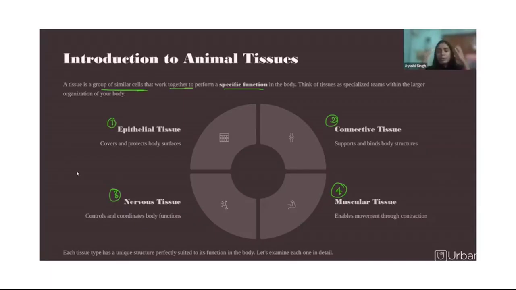Epithelial tissue is the one which provides the outer covering for our different organs. So whatever skin and everything is there comes under epithelial tissue. Connective tissue helps in connecting different parts of the body, maybe bones, or maybe just the blood. Blood is also connective tissue. Blood is a tissue, we'll see how.